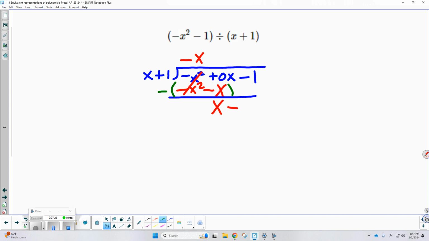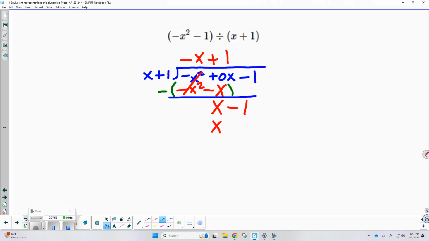We're going to drop down that minus 1. So x times what is x? Now x times x is x squared. Just 1. There you go. And now distribute 1 across that group again.